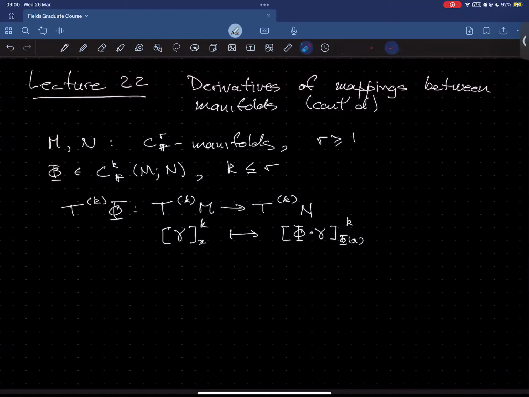the setup is I have manifolds M and N, a mapping phi between them, with appropriate regularity assumptions.